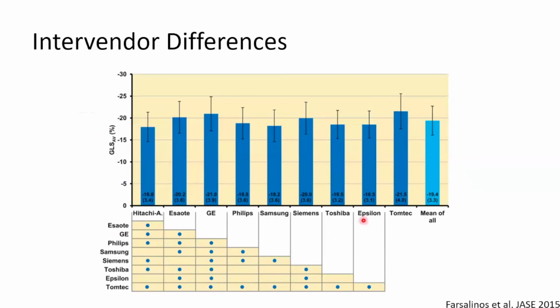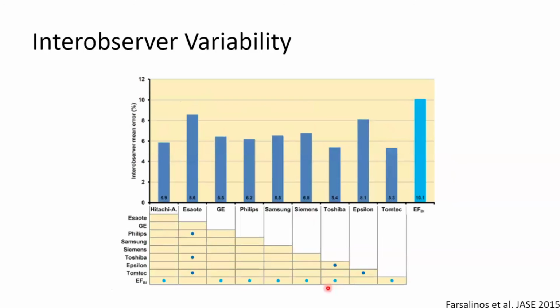And you can see there's a lot of variability of average GLS strain from negative 18% all the way to 21.5% in the same population. And the blue dots down here signify significant differences between these different vendors. Just to focus on GE and Philips, because we have a lot of GE and Philips machines, GE tends to overestimate, so they tend to have a higher value than Philips strain values.